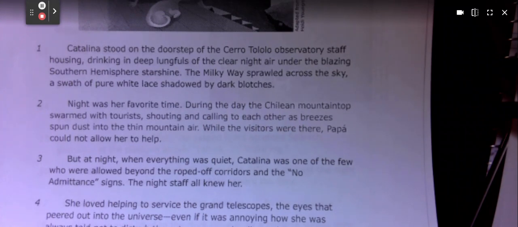During the day, the Chilean mountaintops swarmed with tourists, shouting and calling to each other as breezes spun dust into the thin mountain air. While the visitors were there, Papa would not allow her to help. But at night, when everything was quiet, Catalina was one of the few who were allowed beyond the roped-off corridors and the no admittance signs. The staff all knew her.